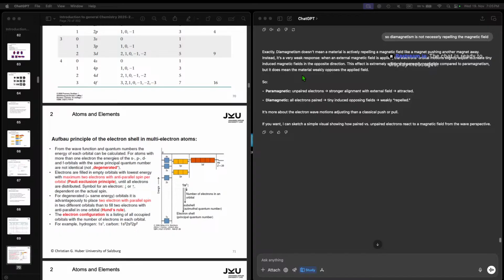So if we show a magnetic field to a paired electron outer shell, it tries to repel. It tries. Okay. It's a lot to take in.